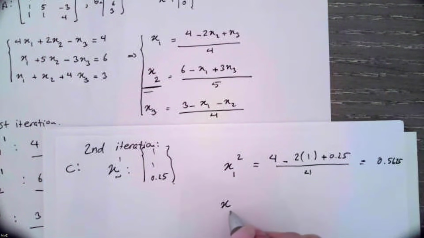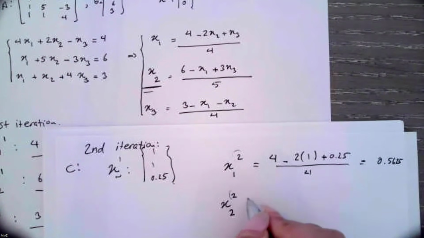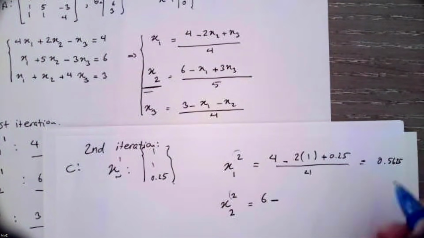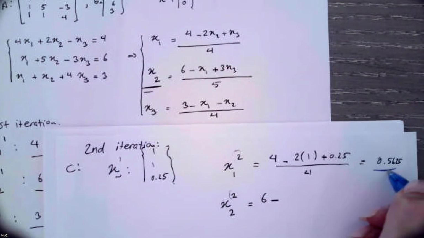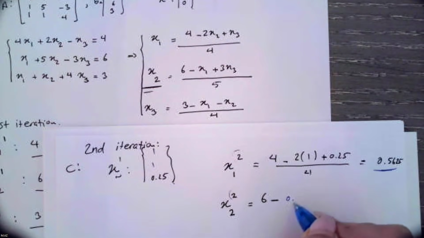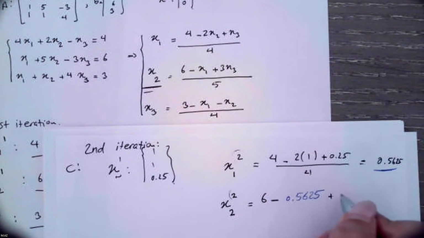The value of x2 for the second iteration: again, this shows the iteration level, it is 6 minus the most recently updated value of x1, 0.5625, plus 3 times 0.25.